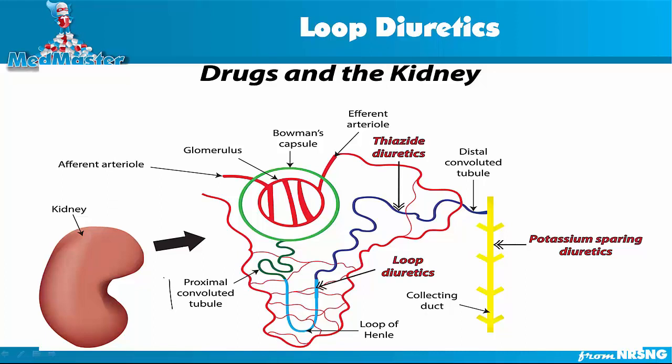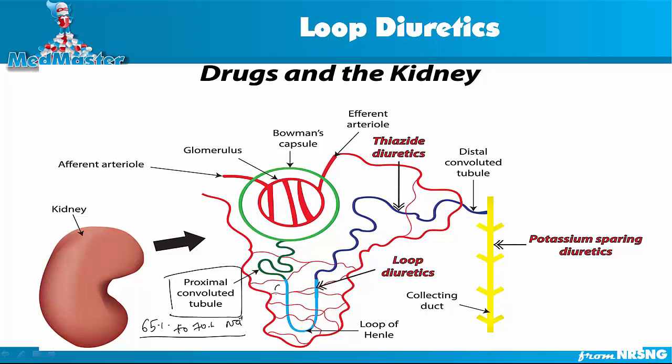First of all, the proximal convoluted tubules, where about 65 to 70% of sodium gets reabsorbed. There is no diuretic that works here. So 65 to 70% of sodium is going to get reabsorbed no matter what diuretic we give.